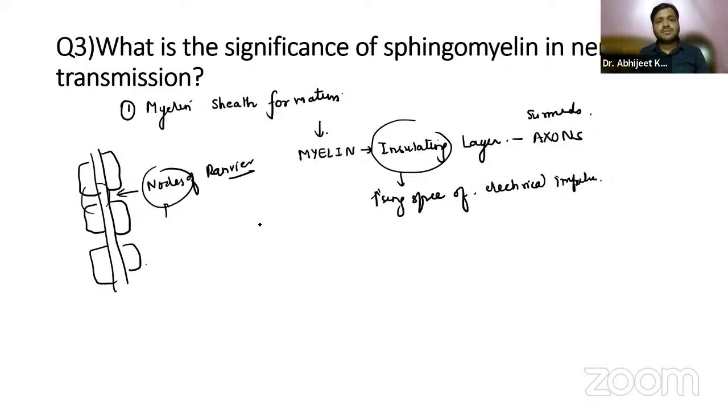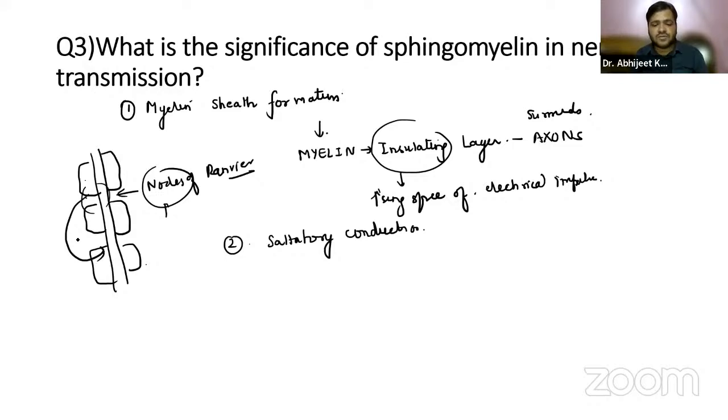Apart from that, it also helps in saltatory conduction. We have already discussed this in class 11. Saltatory conduction is where the action potential jumps from one node of Ranvier to another.